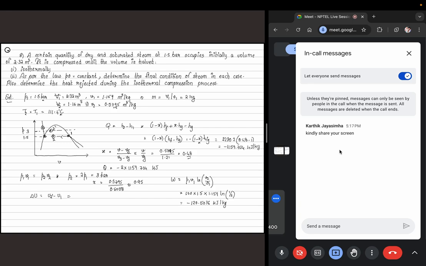Actually, 2 prime is where we got a vapor fraction around 0.95, so this will actually be close to somewhere here. We'll just take the values directly.